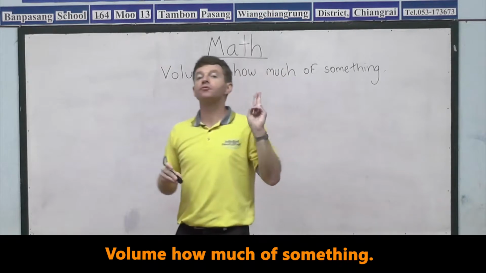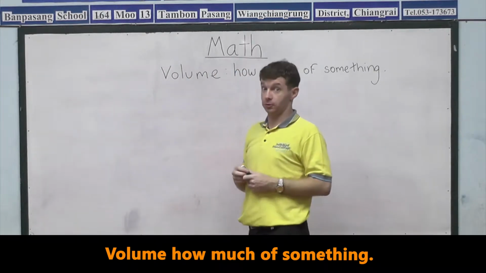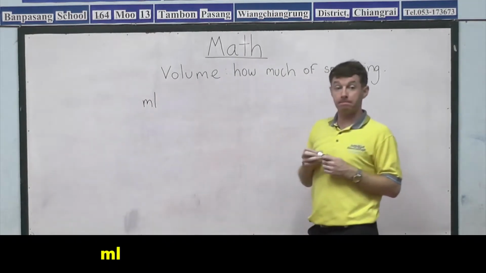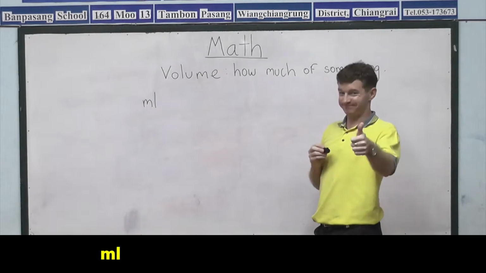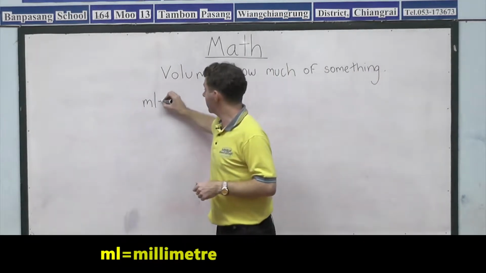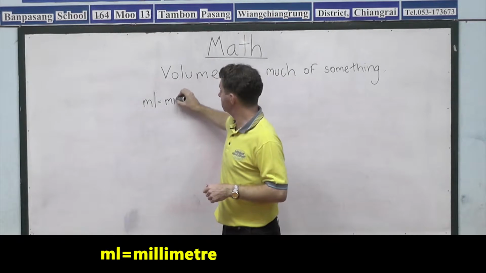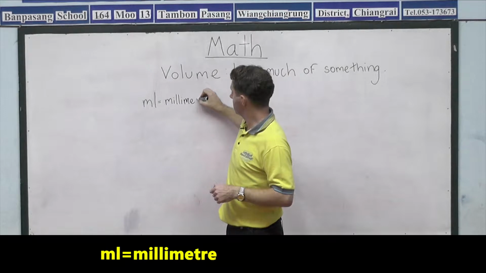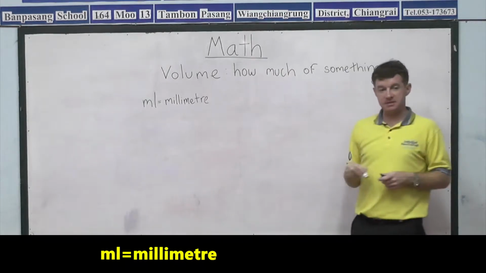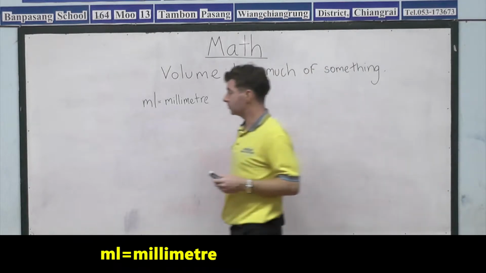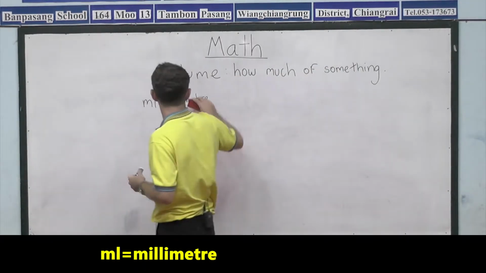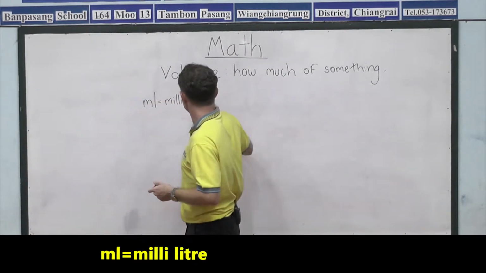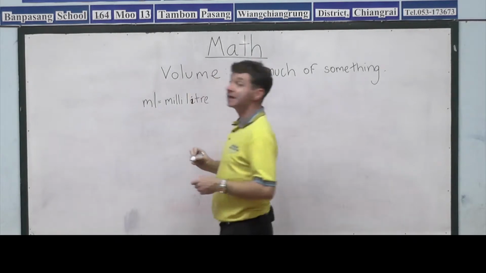And we learnt about 2 units of volume. We learnt about ml. Excellent. ml equals... Actually, for this one, we need to change that because it's not millimeter, it's milliliter.